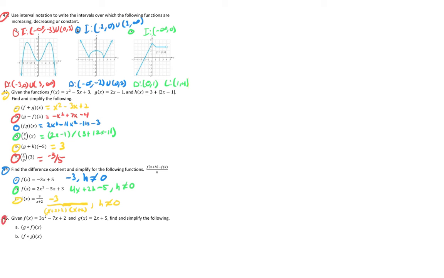Given f of x is equal to 3x squared minus 7x plus 2, and g of x is equal to 2x plus 5, find and simplify the following. G composed of f is equal to, we'll start with the g, but anytime we see an x, we're going to replace it with all of f of x. Plus 5.